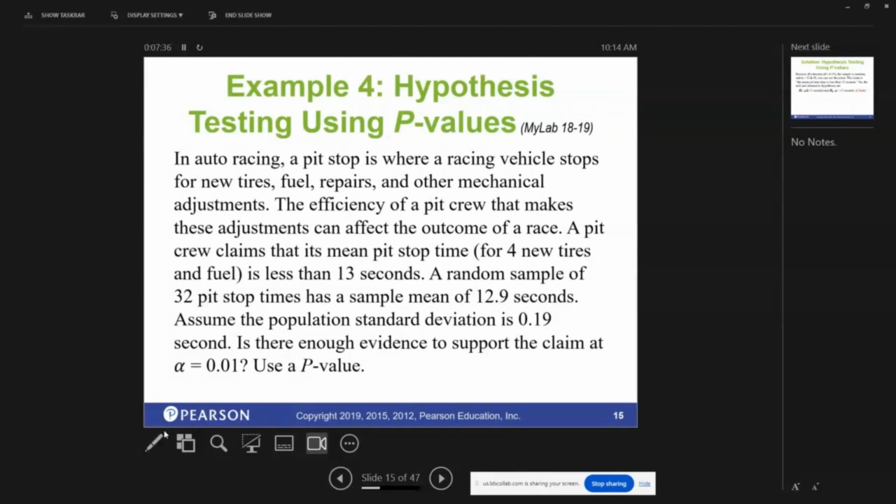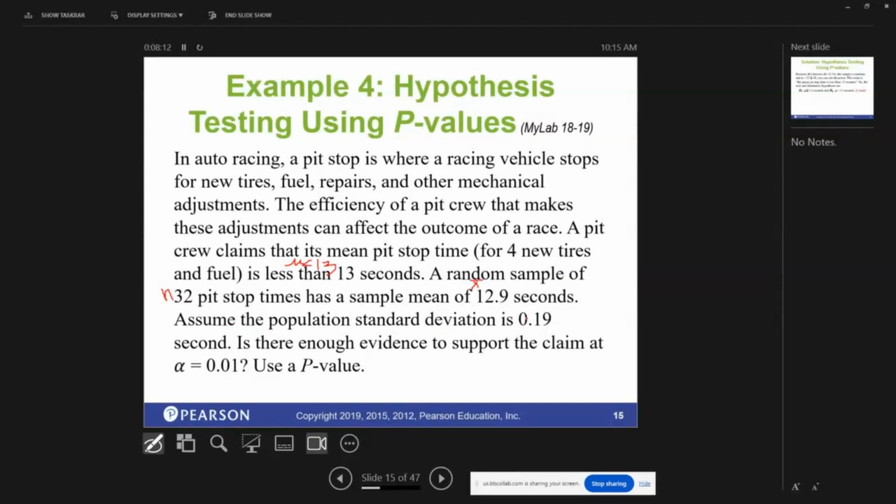Okay, so I'm going to start. What I would do is write down on my paper all of these values that they give me, what is what. So this is telling me that the mean is less than 13. And then a random sample of 32, that tells me N is 32. Then we have a sample mean of 12.9. Sample mean is your X bar.